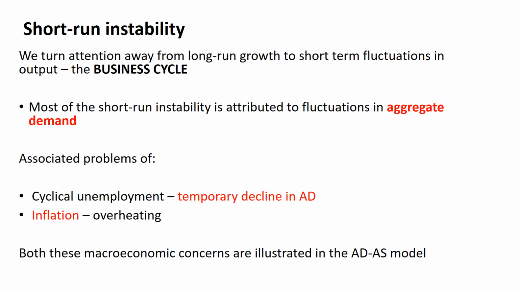And both of these macroeconomic concerns, the problem of unemployment and the problem of inflation, can be illustrated using aggregate demand and aggregate supply. Now just remember that aggregate demand and aggregate supply are a representation of a real-world economy. Admittedly, this is a very abstract representation of an economy, but what we do in economics is we try to identify the key elements of how an economy would work, and we use our theories to explain these key elements with a view to better understanding how the economy works.